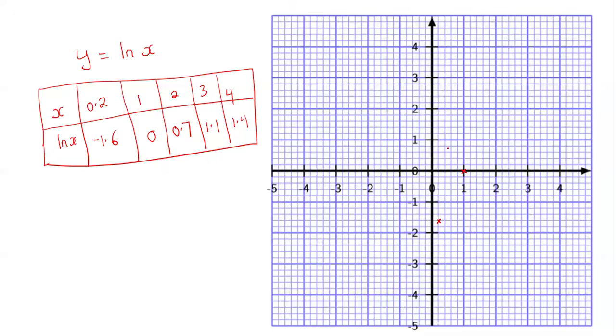Then I go to 2 and 0.7. 2 is here, 0.7 is here. Then 3 and 1.1. 3 is here, 1.1 is a point here. Then I go to the next one, 4 and 1.4. 4 is here, 1.4 is here.